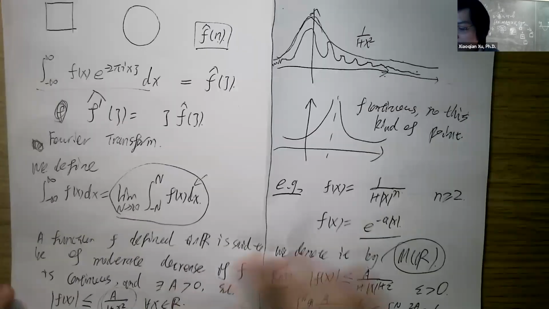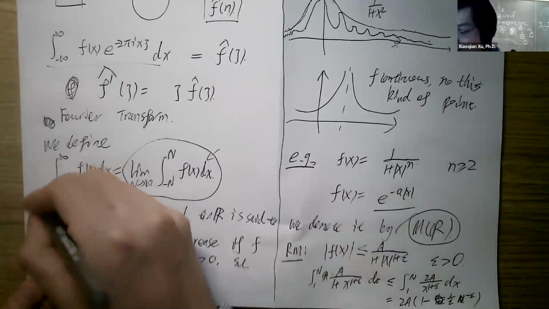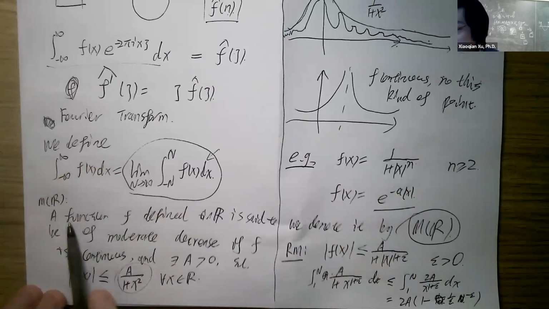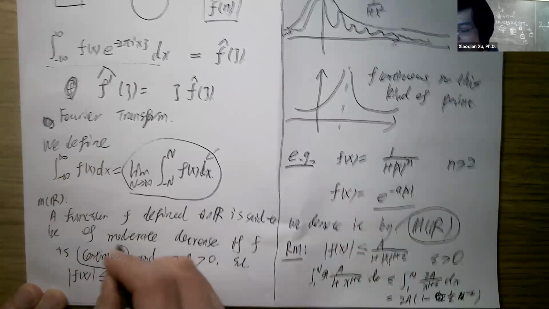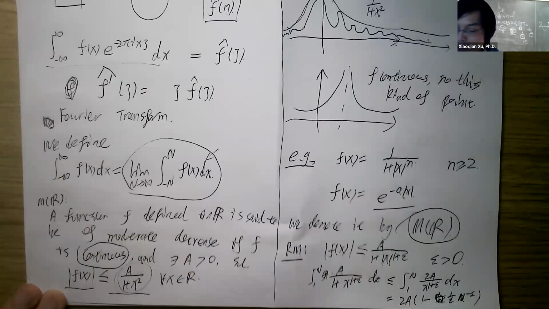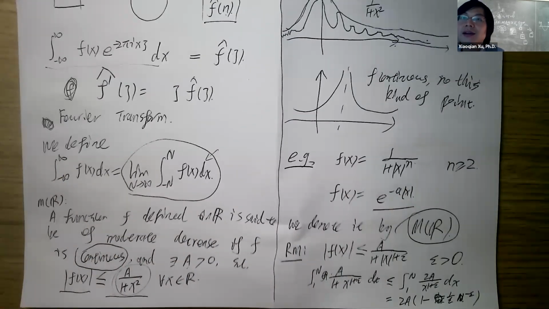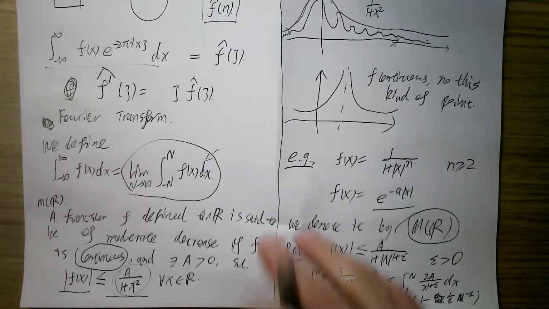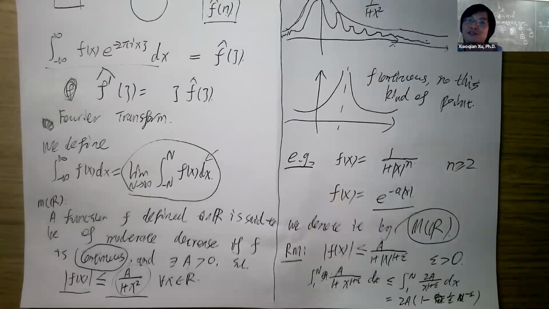M(R) is all the functions defined on R with moderate decrease, which means a function f is in M(R) if it is continuous and satisfies this inequality for some constant A. This means it decreases very fast at infinity.